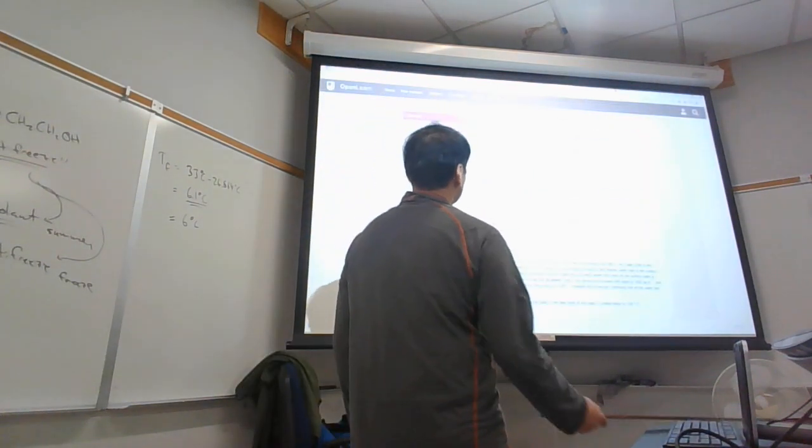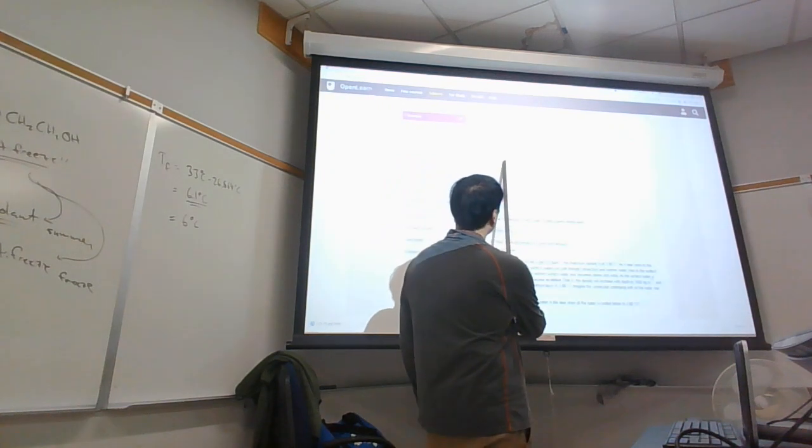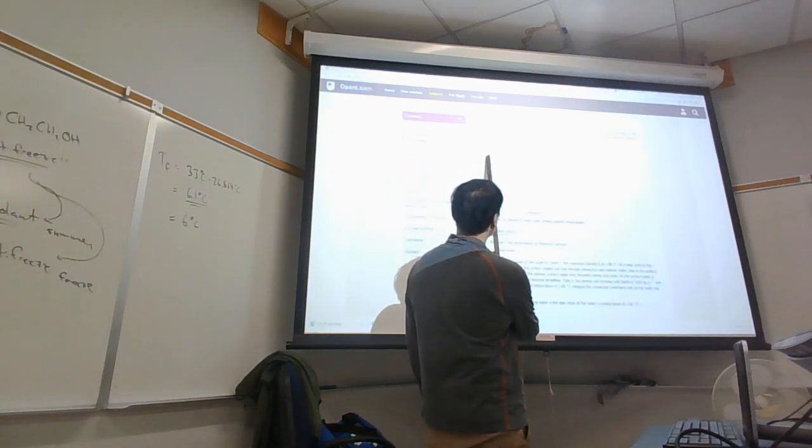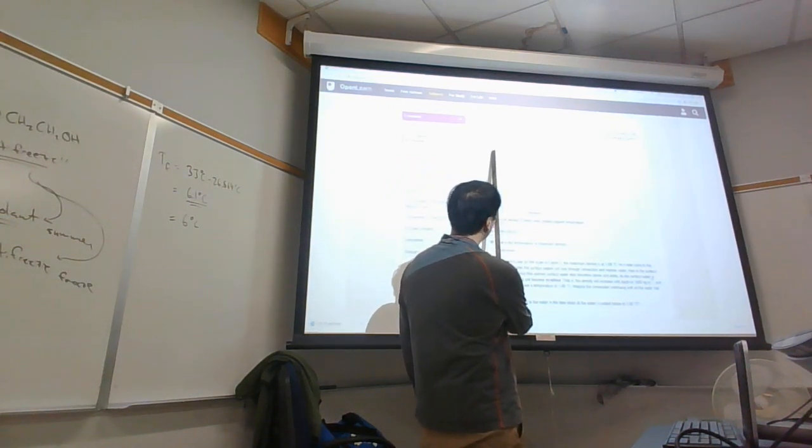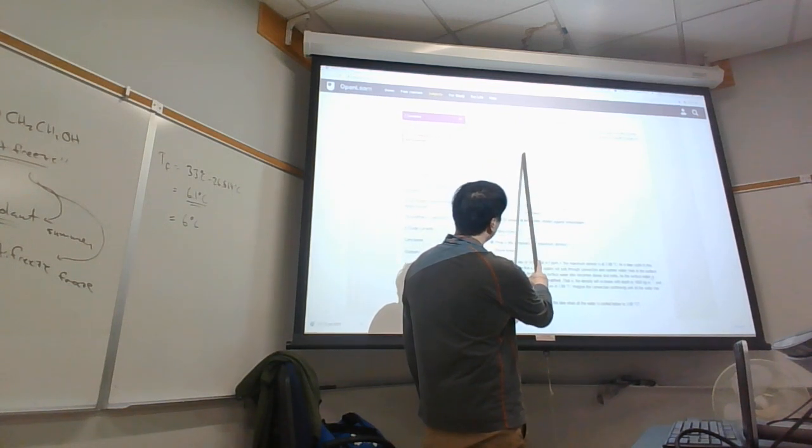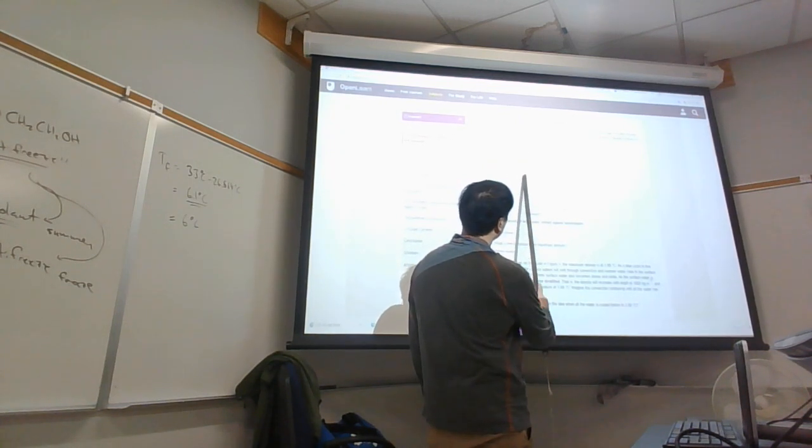You can see the density changes. This is in kilograms per cubic meter. This would be 1 gram per milliliter. The density is only about 1 at 4 degrees C.